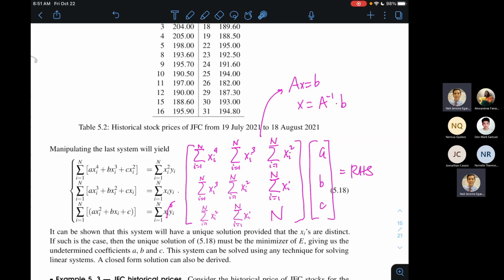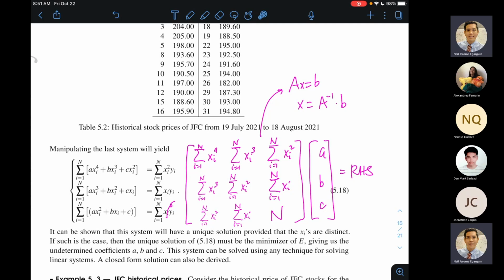Katulad ng ginawa natin sa linear least squares fit na meron tayong explicit formula para kay A at saka kay M at saka kay B. So pwede niyo rin yung gawin para kay A, B, C kasi you can imagine everything here to just be constants. Use your good old, say, Cramer's rule, in order to get the solution, then that will be fine.